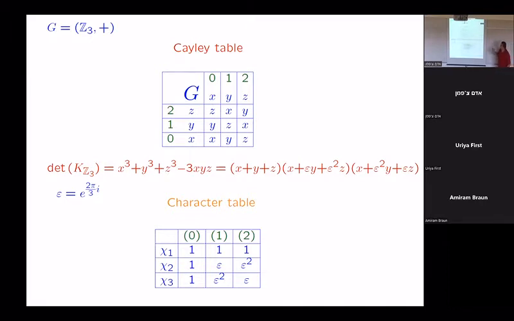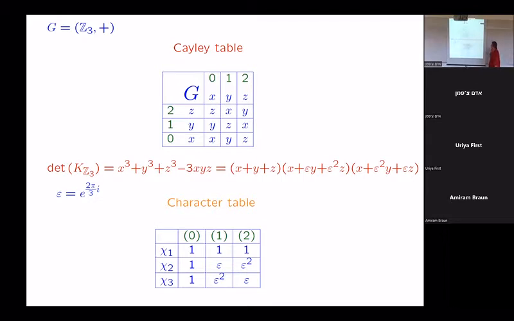Assume we have a cyclic group of order 3. We denote its elements by commuting variables, and we have this multiplication table. I permuted the rows here just to avoid minuses at the end, but you could always permute it back, no problem.